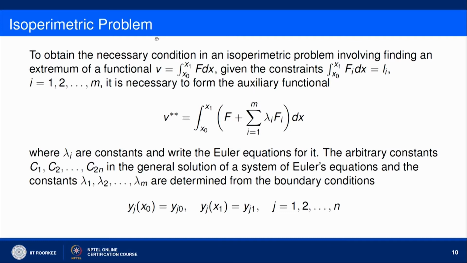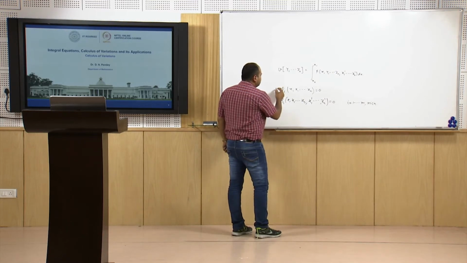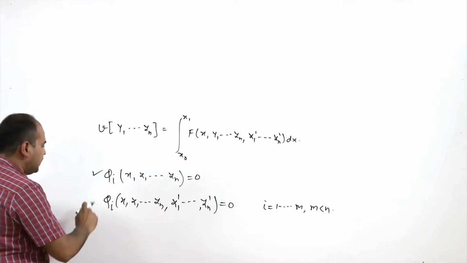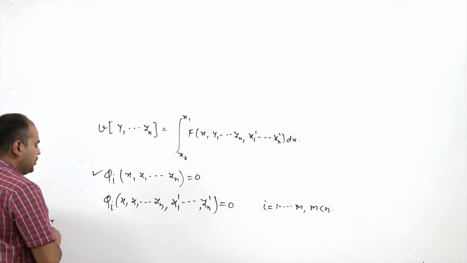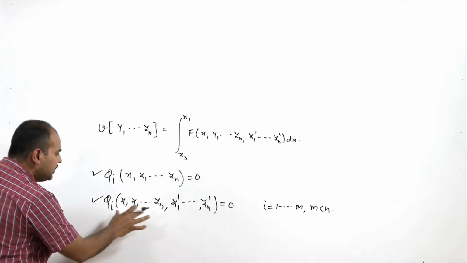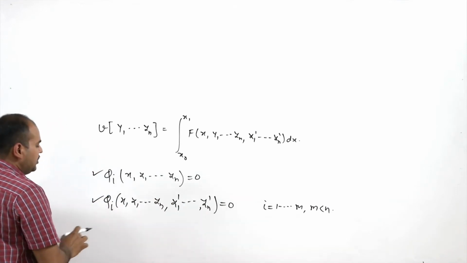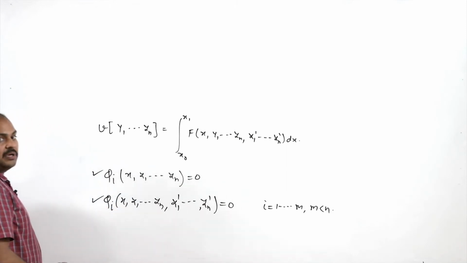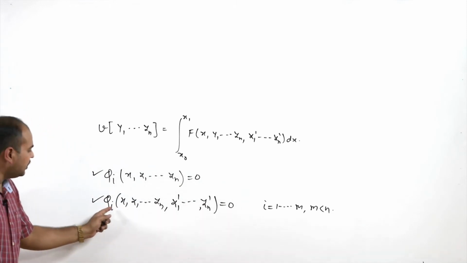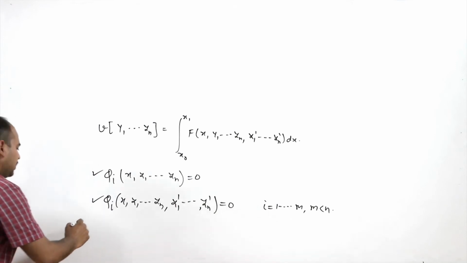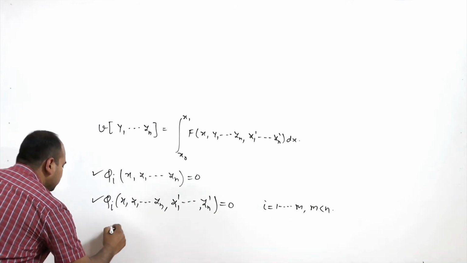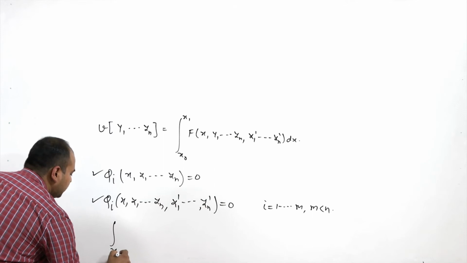So now let us move to a new problem, that is the isoperimetric problem, and this we have already studied. The only difference from the previously discussed problem is that first we considered finite equation conditions, and then we discussed the case when constraints are nothing but a system of differential equations. Now in case of the isoperimetric problem, your conditions are given in terms of integral equations.